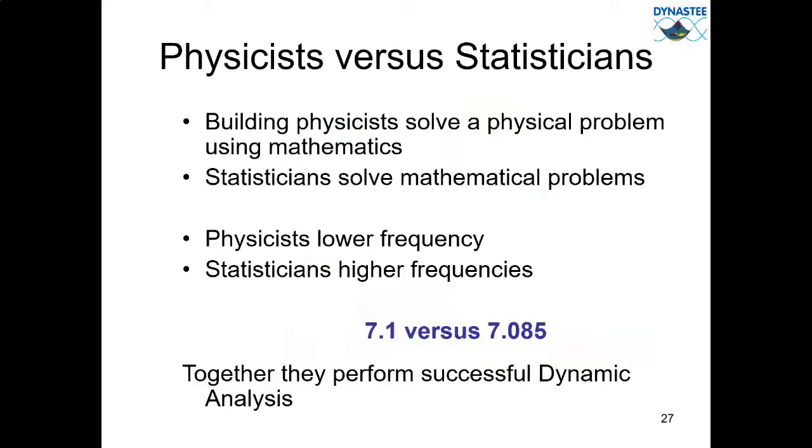Physicists show more interest in lower frequency, while statisticians focus on higher frequencies. Also in presenting results, for temperatures for example, physicists prefer 7.1, whereas a statistician will present 7.085 degrees Celsius. However, together as a team, they perform successful dynamic analysis.